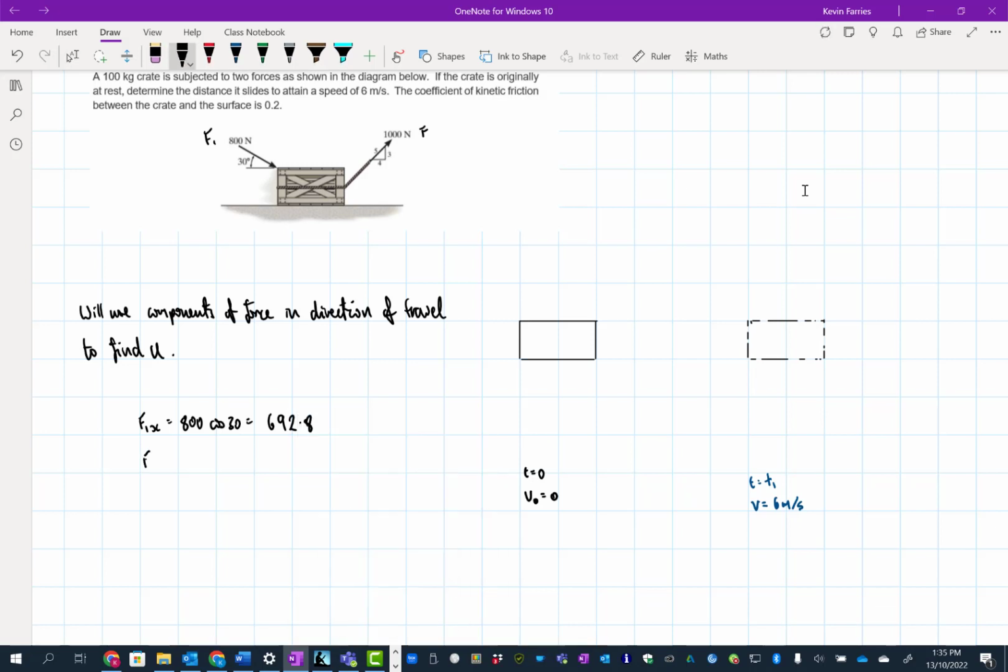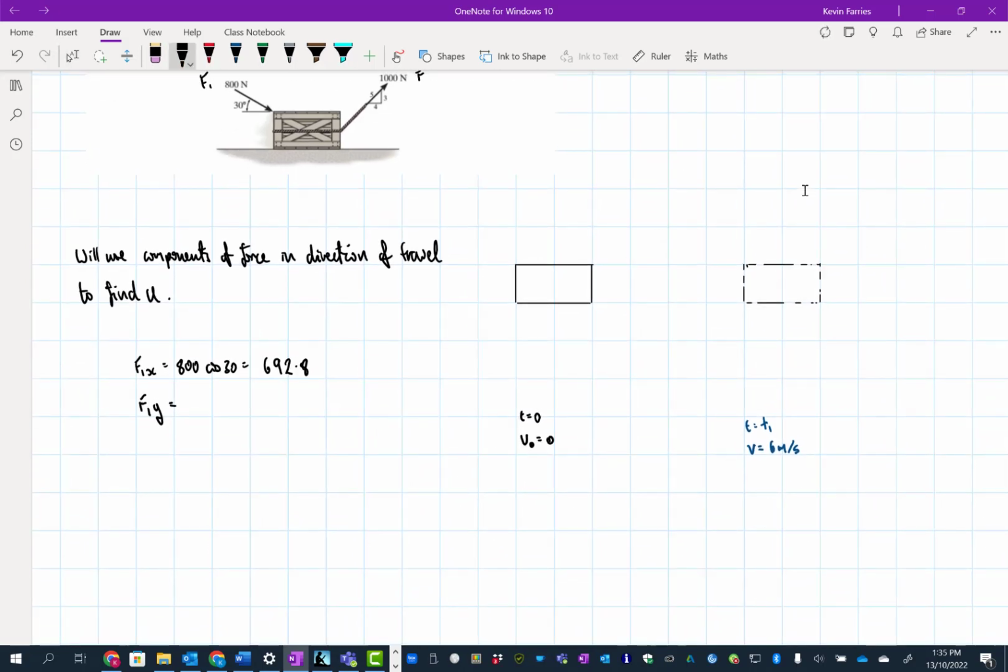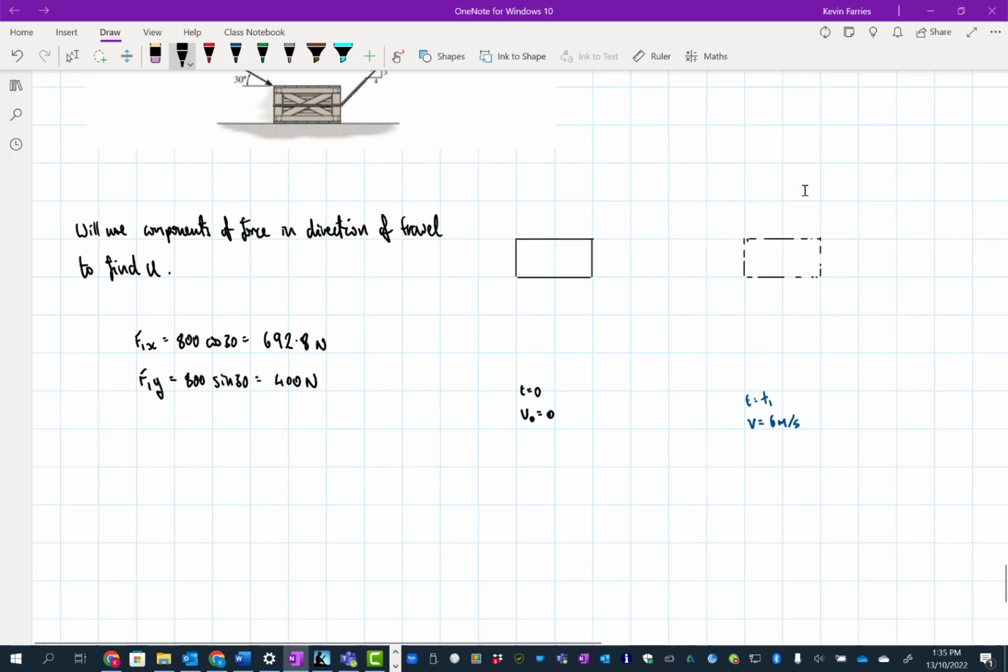F1y, we're going to need that, although it's not in the direction of travel, but we are also going to have friction in this problem, so we're going to need the normal components to figure out the friction. It's 800 sine 30, which is going to be 400 newtons.